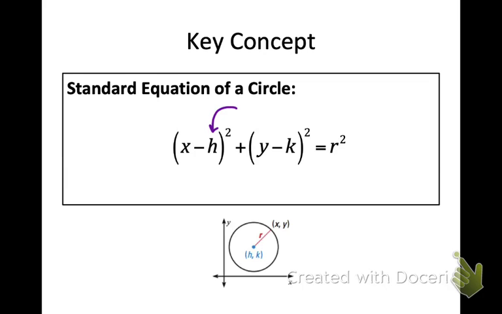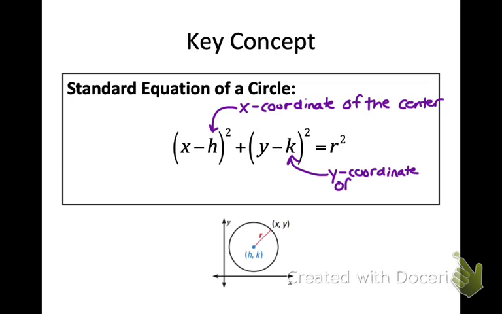So h is the x coordinate of the center, k is your y coordinate of the center, and your r is your radius.